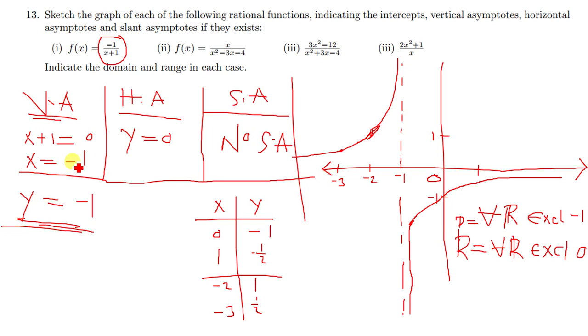Alright, let's quickly move on to the other question. I'll also do question 2, maybe even question 3, and question 4, maybe I'll just do all of them. So let's do another one.